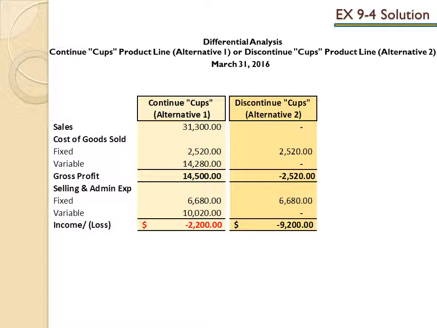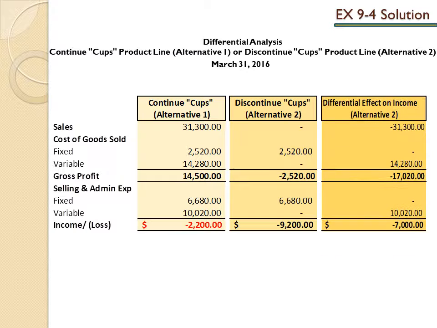For alternative 2, the only relevant costs are the variable costs, since we will not incur any variable cost if we discontinue the cups product line. However, since fixed costs are fixed, we will still incur the fixed product cost of $2,520 and the fixed selling and administrative expenses of $6,680.